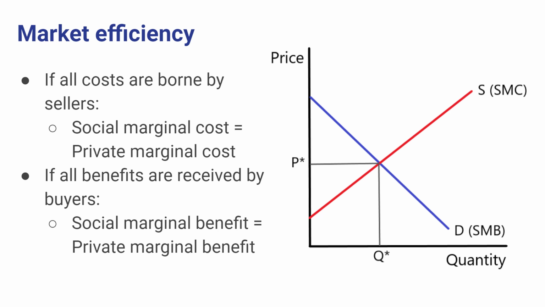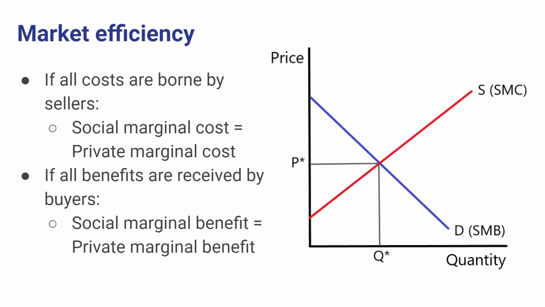More specifically, we can note that the demand curve can be thought of as representing either the quantity demanded at each price, or the amount that someone is willing to pay for an additional unit of output. In other words, we can think of the demand curve as reflecting the private marginal benefit. But if all the benefits are captured by the person that consumes the good, that's also equal to the social marginal benefit.